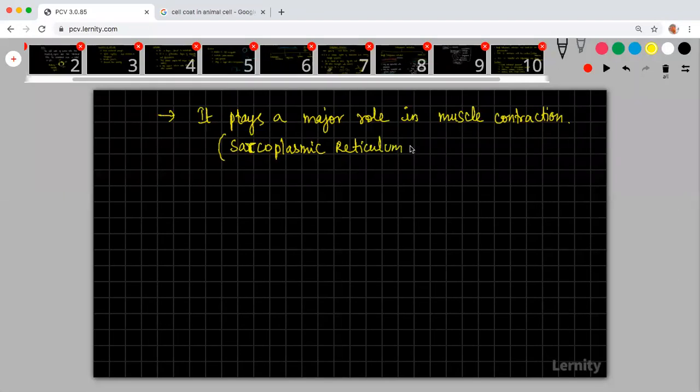This sarcoplasmic reticulum is the endoplasmic reticulum of muscles. And it also plays a role in detoxification.